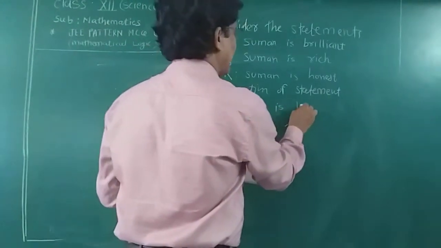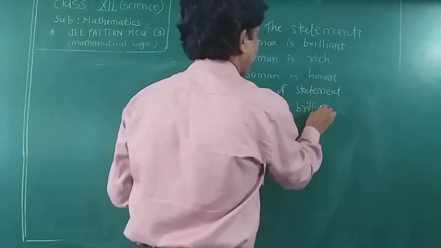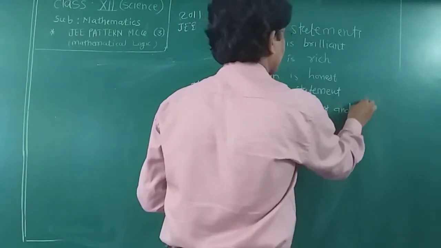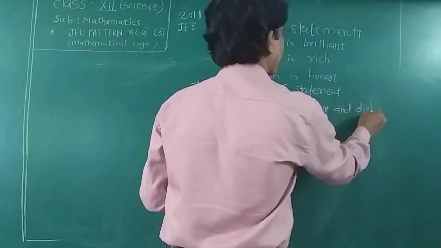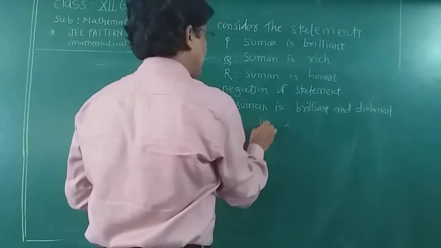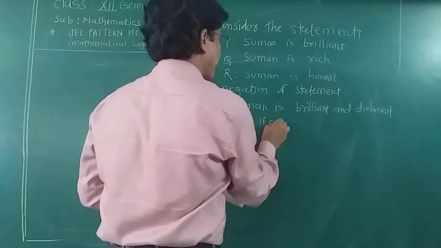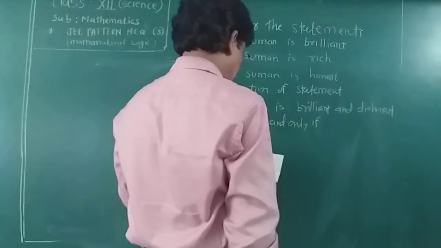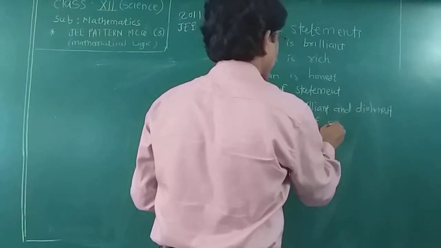Suman is brilliant and dishonest, if and only if Suman is rich.